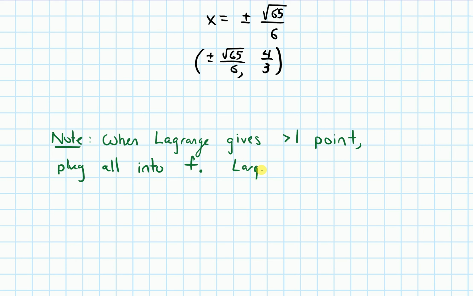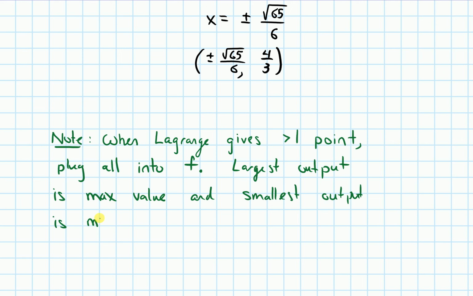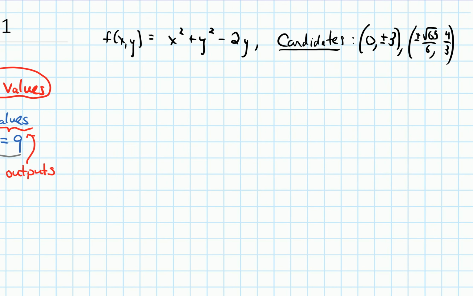And the largest output that we get is our max value, and the smallest output is our min value. We are going to assume that that's the case. So let's go ahead and take all of these points, plug them into f to see what's the biggest output and what's the smallest output.